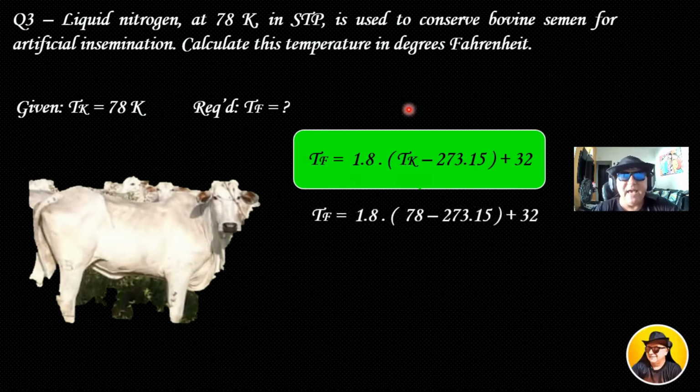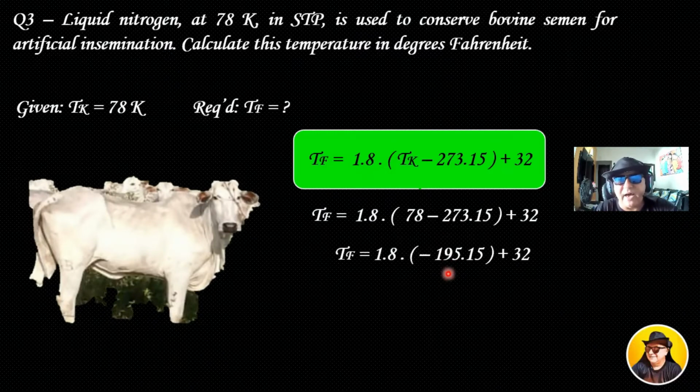And so we have that TF is 1.8 times 78 minus 273.15 plus 32. Let's do this subtraction here. And so we have that 78 minus 273.15 is negative 195.15. Now let's multiply this, okay?